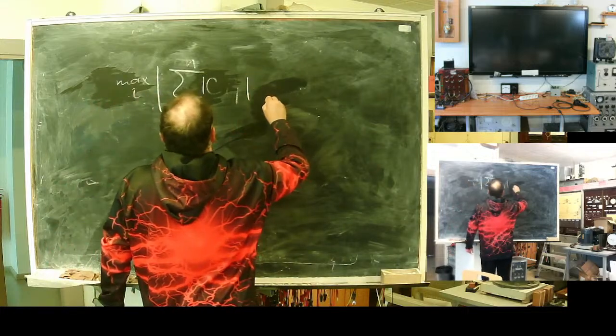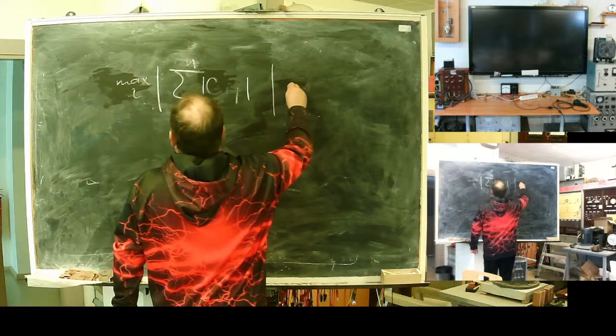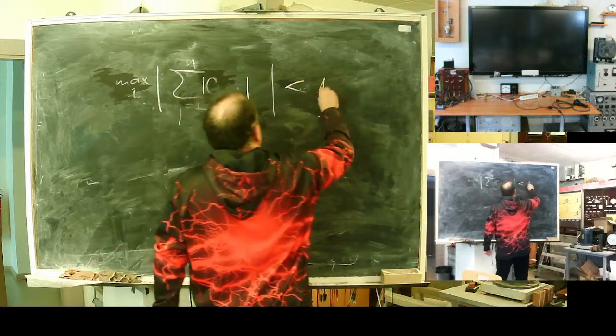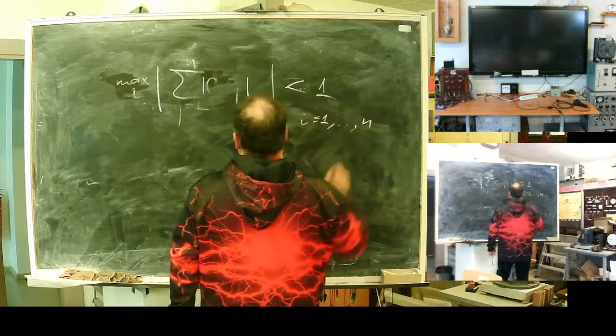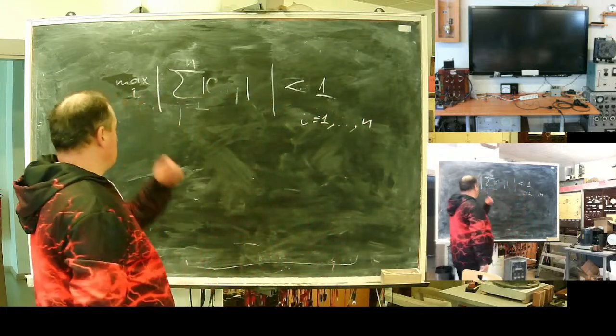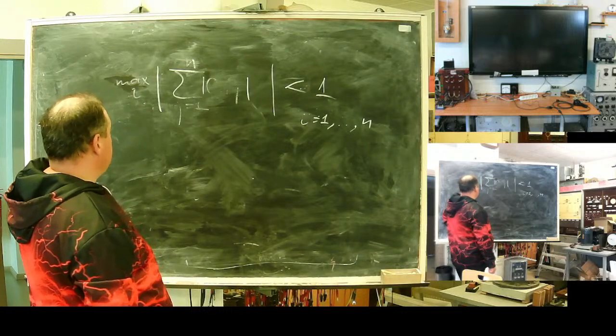Oh, this one is correct. Is less than 1. I should change from 1 to n. Biggest of the sum.